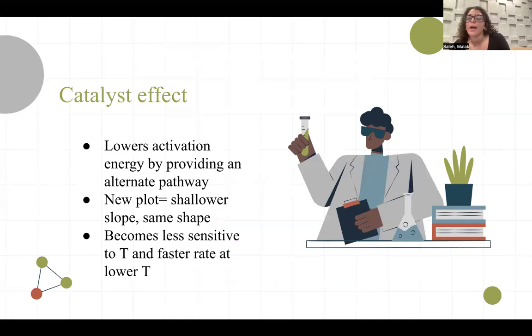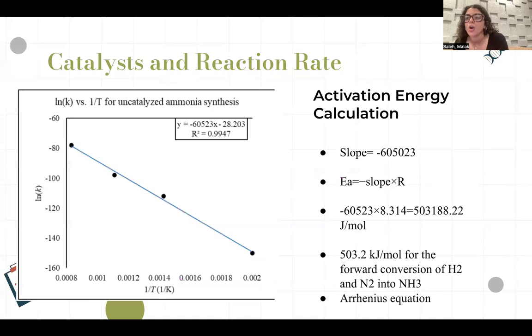So how does a catalyst speed up a reaction? It provides an alternative pathway with a lower activation energy. So it's going to allow the reaction to proceed much faster, even at lower temperatures. On the plot, if we were to use a catalyst, you would see that the slope becomes less steep because the rate constant k increases even at lower temperatures.